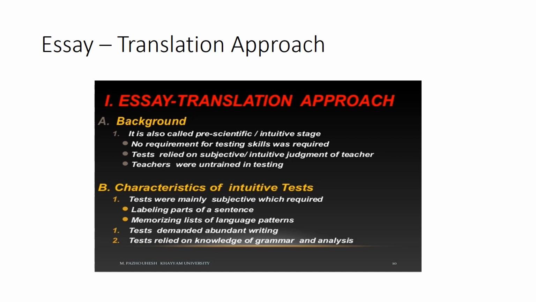That's why the main technique followed in the grammar translation approach was to make the learners memorize lists of vocabulary, lexical items in the foreign language together with their meanings, as well as memorize the patterns and structures of the sentences in the foreign language, analyze them into patterns, and then translate them into the target language, or vice versa.